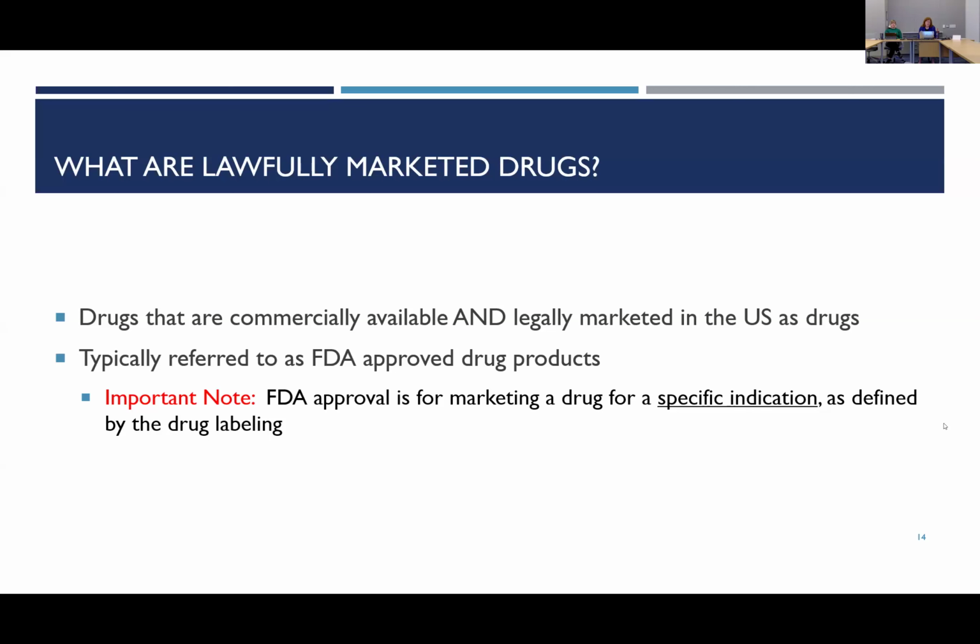What is important to note here is that it's FDA approved for a specific indication. And that's what you need to consider when you're looking at whether your marketed drug is going to be used in a clinical investigation and is not following its FDA marketed approval through its drug labeling.